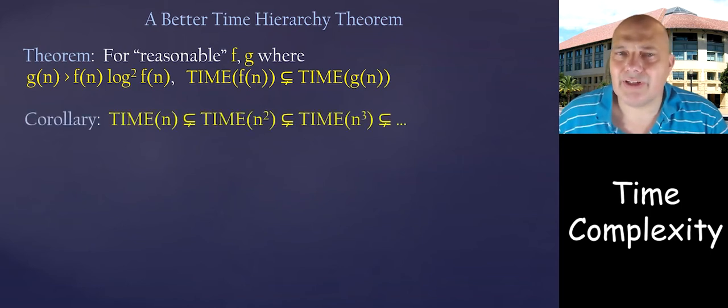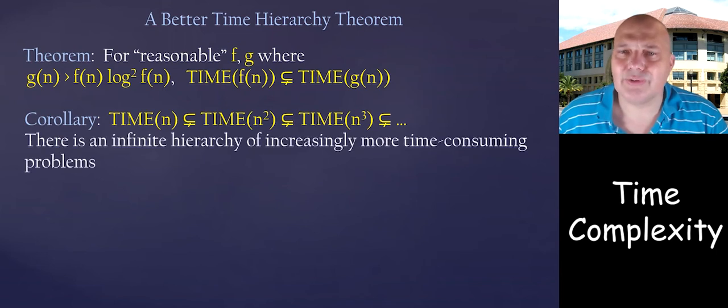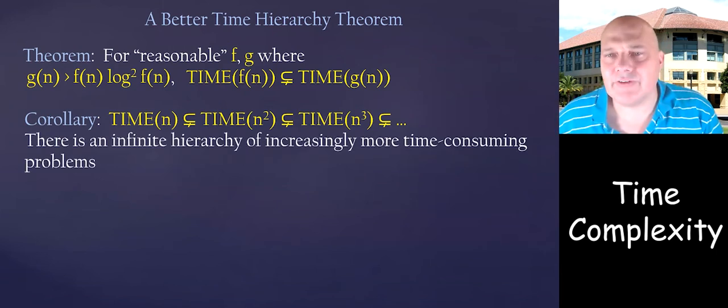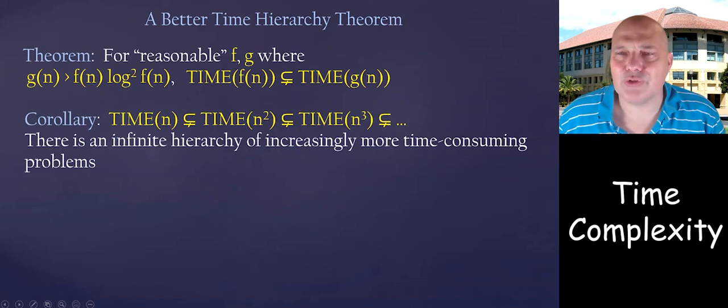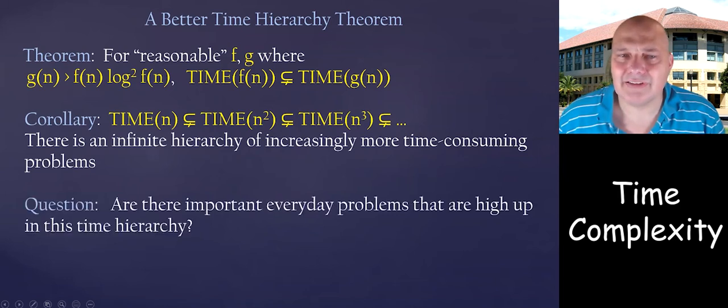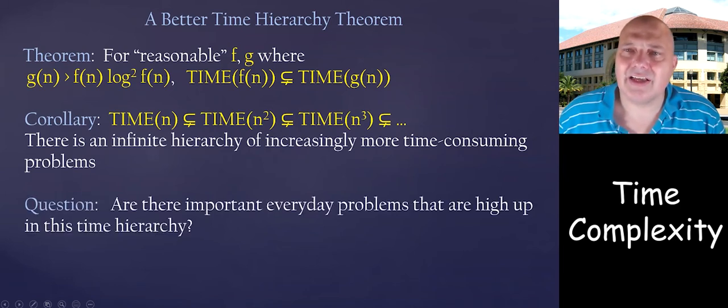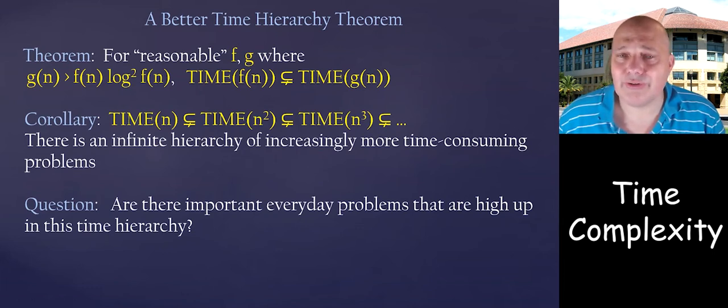The corollary is that time n is strictly contained in time n squared, strictly contained in time n cubed, and so forth. So there is an infinite hierarchy of increasingly more time-consuming problems. One interesting question that we don't have an answer to is, are there important everyday problems that are high up in this time hierarchy and cannot be brought down?